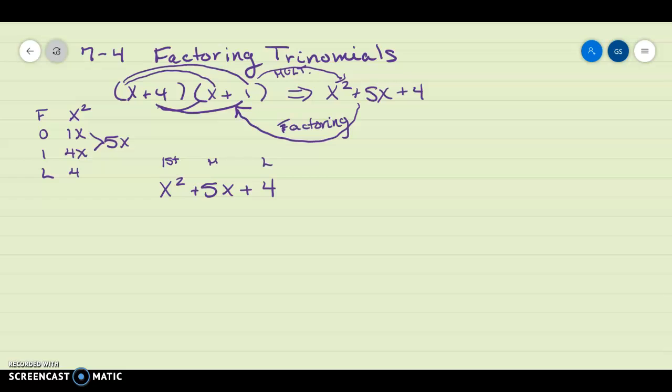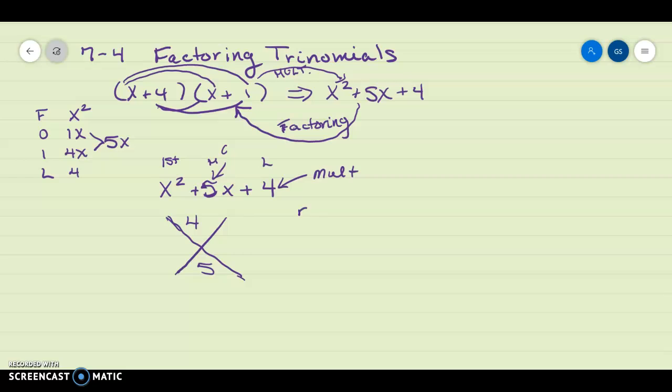And what we're going to do is set up a little area for ourselves. Make a big X, and in the top of the X, put the last number, which is a 4. And in the bottom of the X, put a 5, the middle number. What we're looking for is two numbers that multiply to the last and add to the middle.